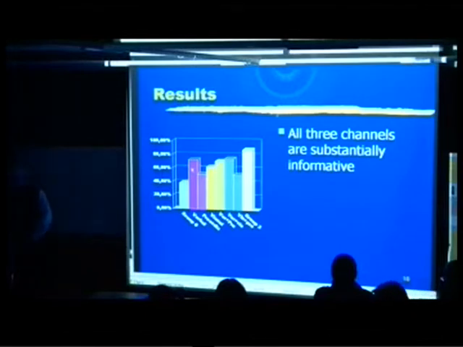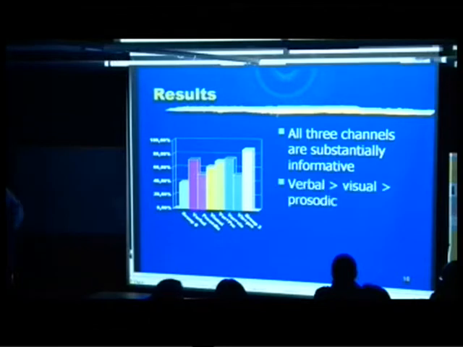Okay, this is the first conclusion. There's also a kind of hierarchy of informative power. The verbal component is most informative, the visual is less so, and the prosodic still a bit less informative.